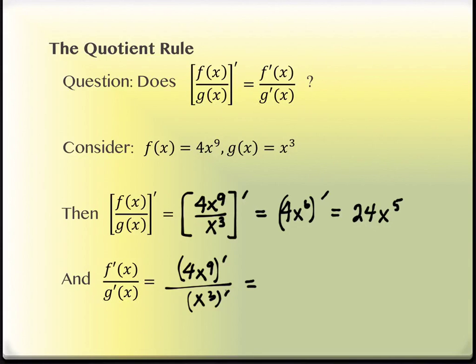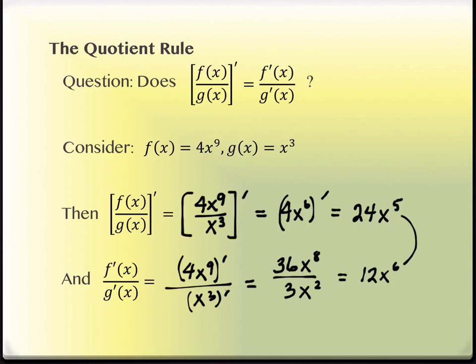So what's the derivative of 4x to the 9th? Y'all remember it, 36x to the 8th, right? And the derivative of x cubed? 3x squared. And now we're going to simplify this. 36x to the 8th divided by 3x squared. What does that give me? 12x to the 6th.